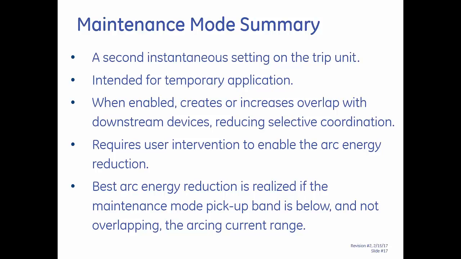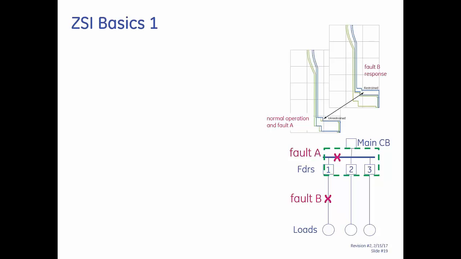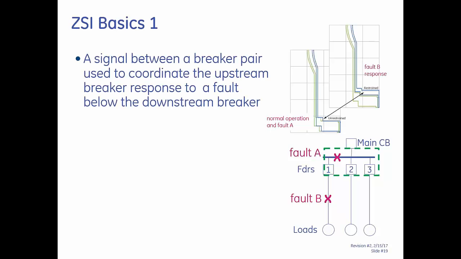Okay, let's transition then into zone selective interlocking. So some basics on ZSI. Basically, it's a scheme between, at its simplest, two breakers, although it could be many breakers to one upstream breaker, where the downstream breaker is going to send a signal to the upstream breaker when the downstream breaker sees a fault.